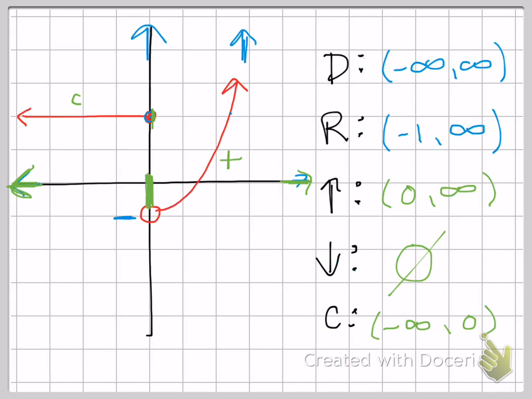On the next one, it asks for a relative max. Notice this piece is going to continue to travel, so we're going to disregard that piece because that's not going to have a relative max. Now we're looking at this piece. But all of these points are at the same exact height. So again, there are infinitely many of these maxes. There's no one specific relative max.